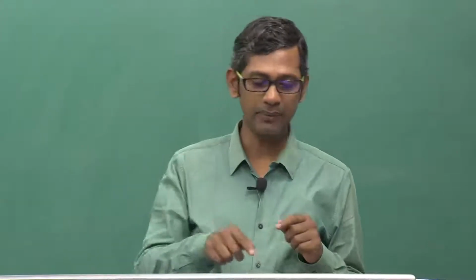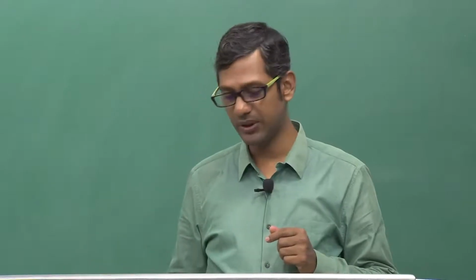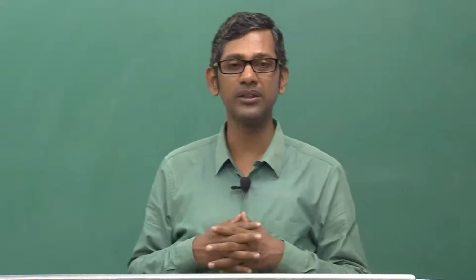So martensite plates start forming in a peculiar manner; it actually happens in a burst, just like the picture I showed you. You see here, these are the grains of the gamma. Martensite plates have formed like a burst. A large number of martensite plates nucleate and grow very fast, so it is very difficult to distinguish between nucleation and growth, but they form like a burst.